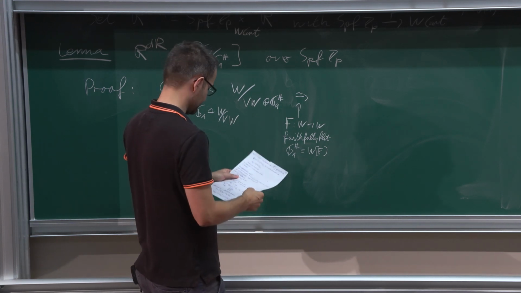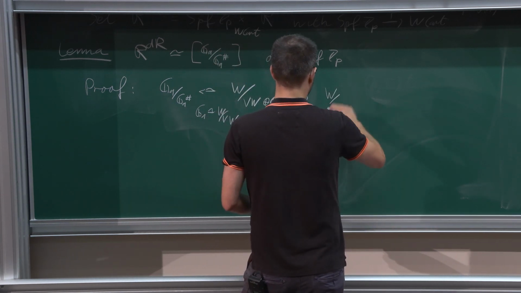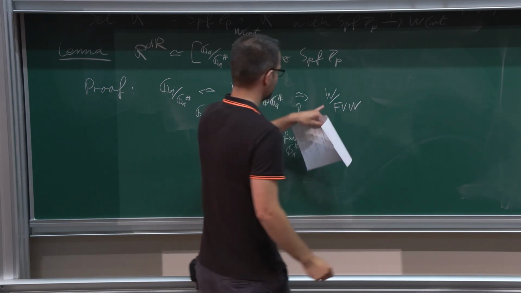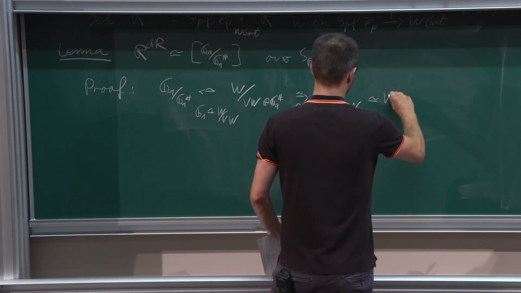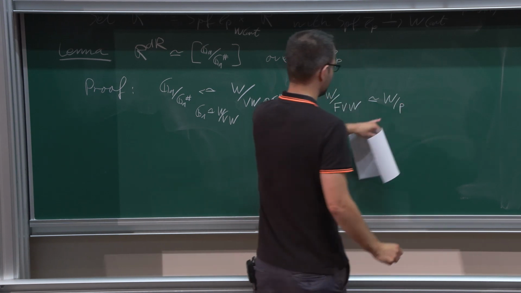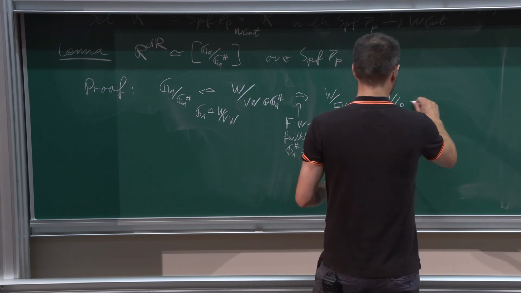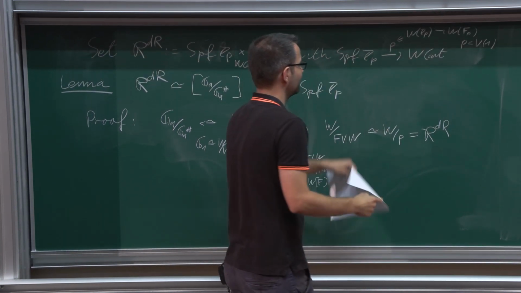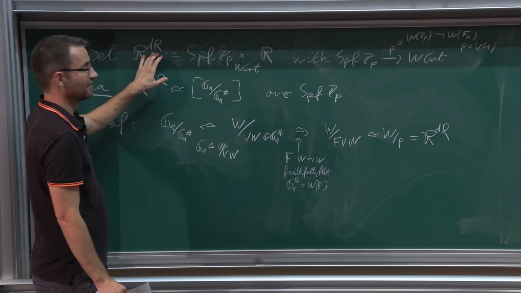And so therefore, what we obtain is that this ring stack is isomorphic to W modulo F of V of W, but that's just isomorphic to W modulo p, but that guy is just this ring stack R_dR.